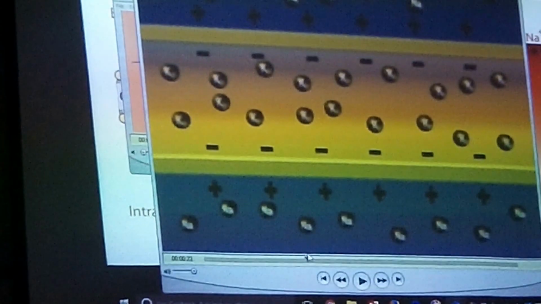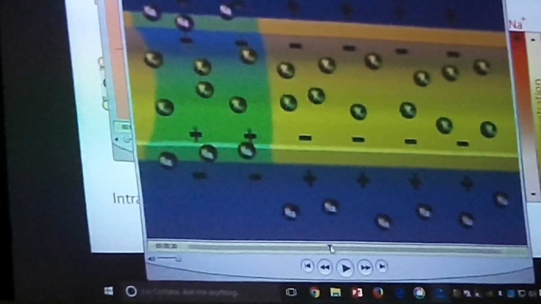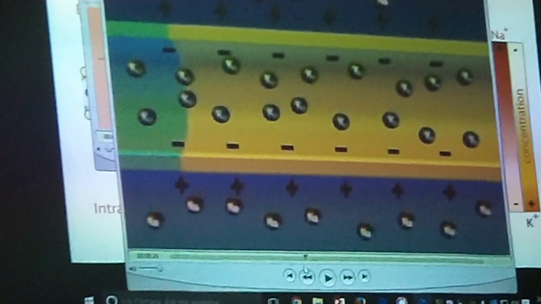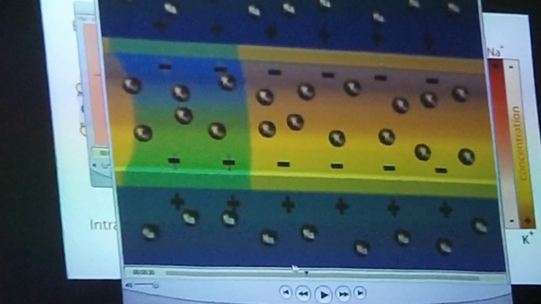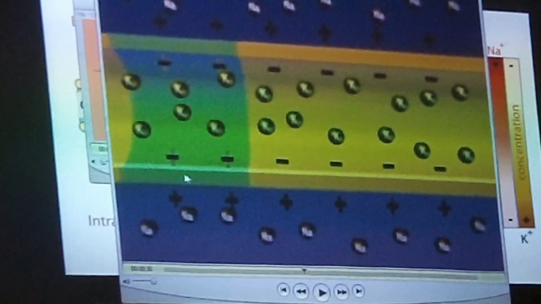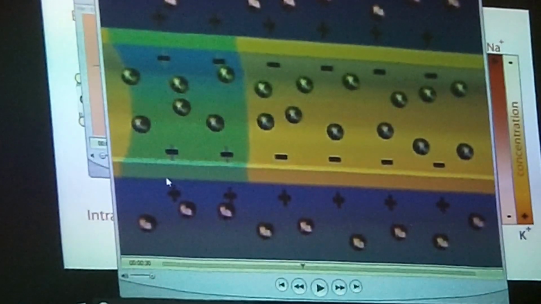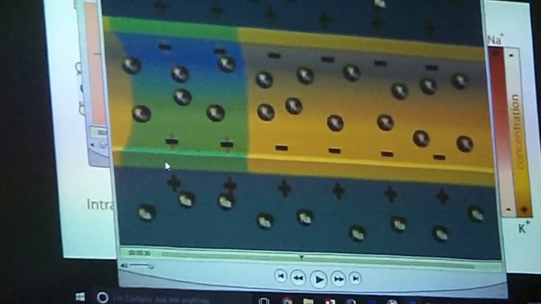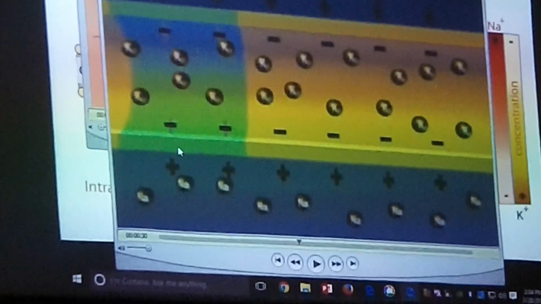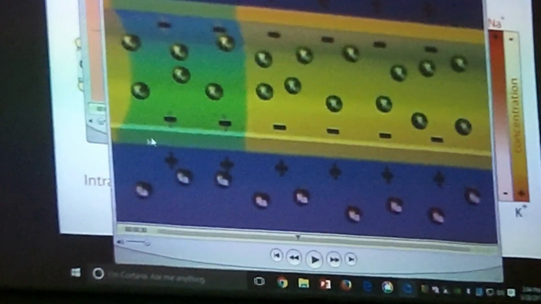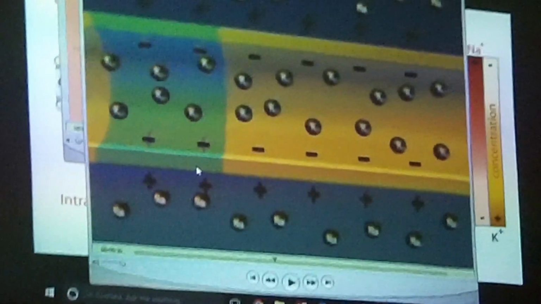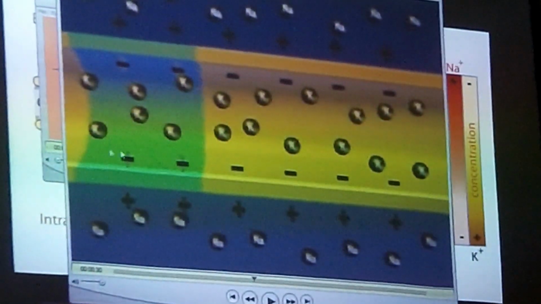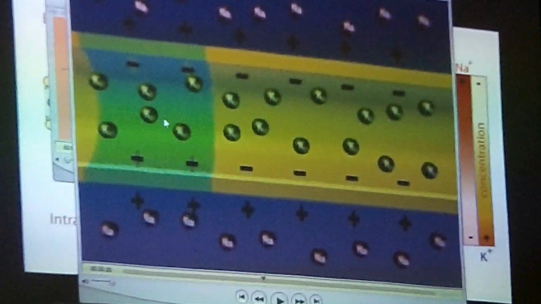And what happens is, when the action potential comes along, the nerve signal, here it comes, that is a signal for little protein channels in the membrane to open up. This is the cell membrane right here. And it has little protein doorways that will open up when the action potential arrives.